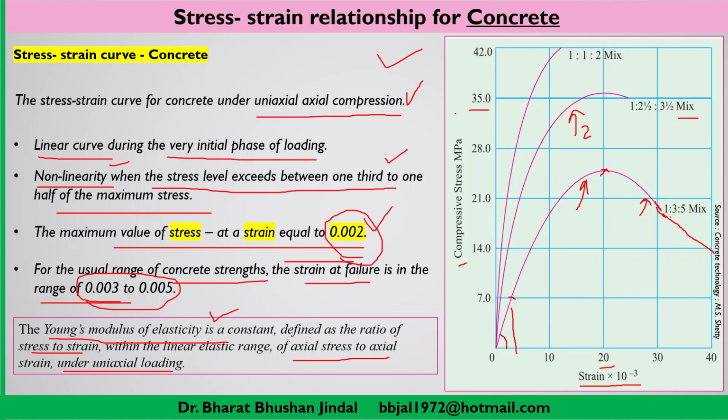The failure of the cube will take hardly 5 to 10 minutes. So you are applying the load on the concrete cube for just 5 to 10 minutes, and accordingly you calculate the compressive strength of the concrete.